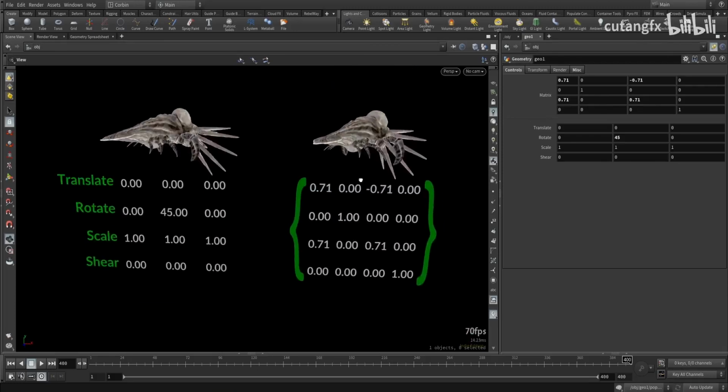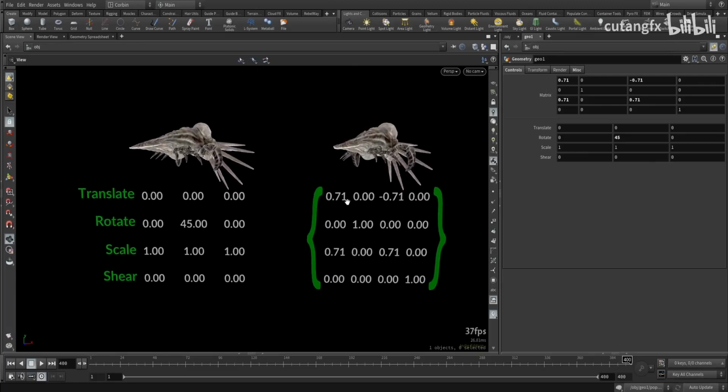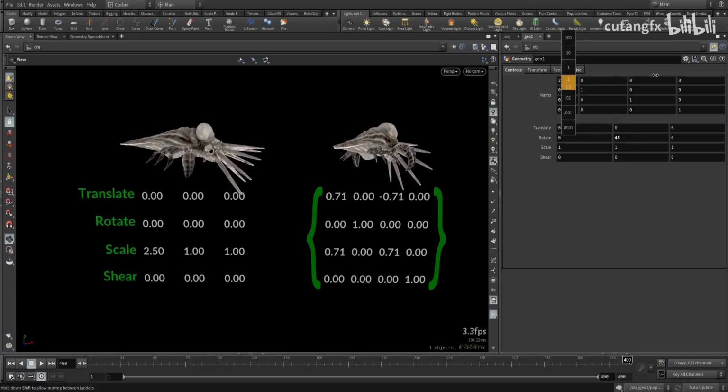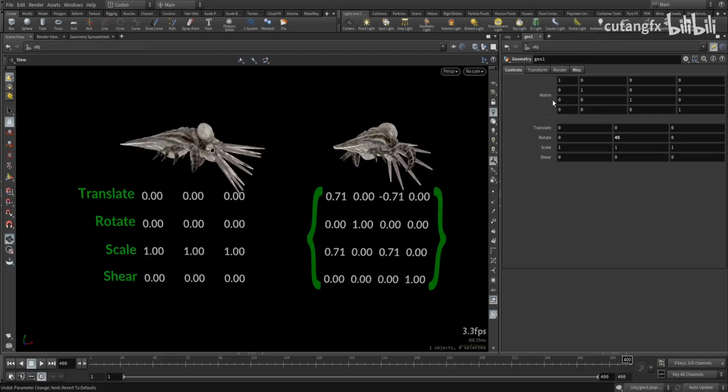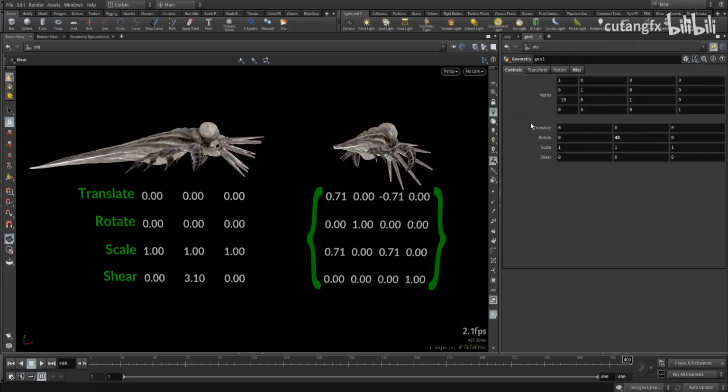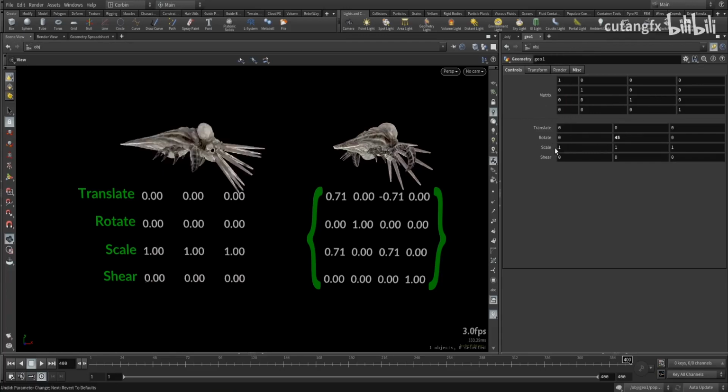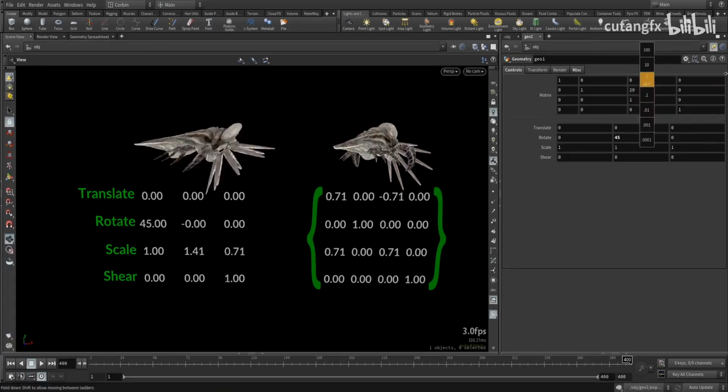What you'll notice is that, like we've seen before, this number seems to relate to scale when in isolation. And there also seem to be ones that relate directly to shear in isolation. But there doesn't seem to be rotation. None of these, when we alter it, seem to just rotate.